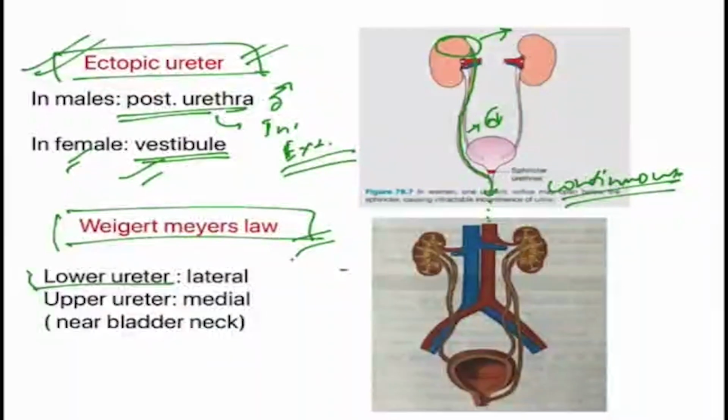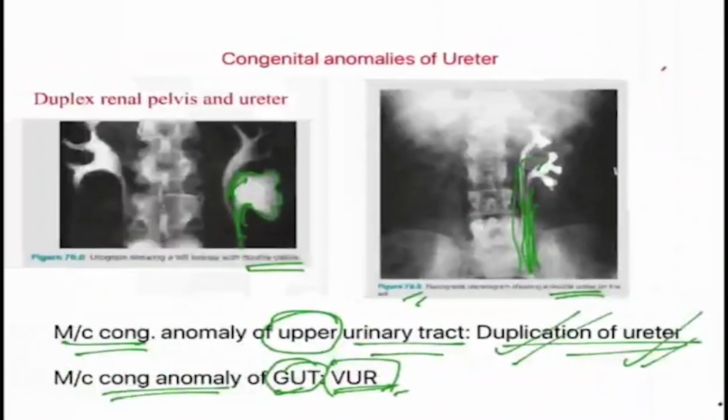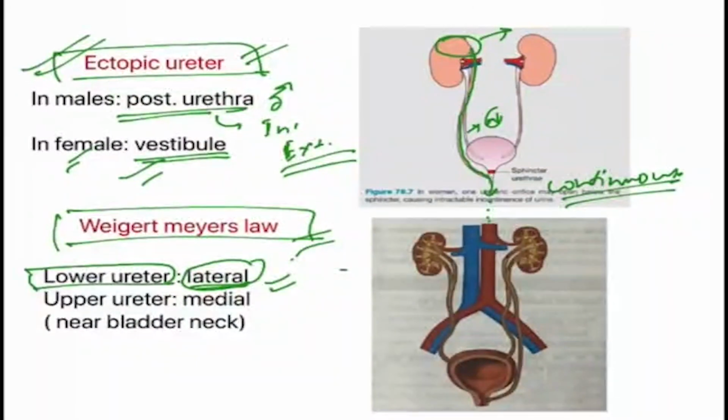So there is Weigert-Meyer law which is used in ectopic ureter as well as duplication of ureter, which says that the lower ureter opens in the bladder at the lateral aspect. So in this diagram you can see that this is the upper ureter and it reaches medial and near the bladder neck, and if there is a lower ureter, then it will open lateral to the normal ureter.